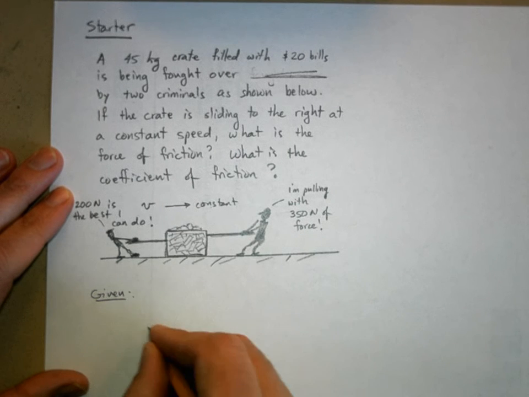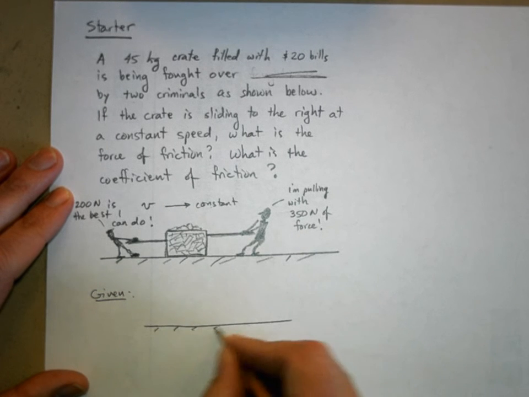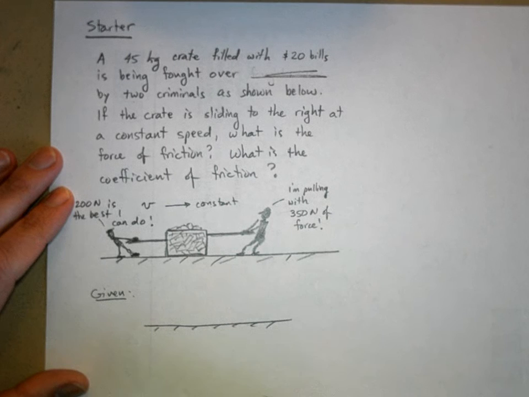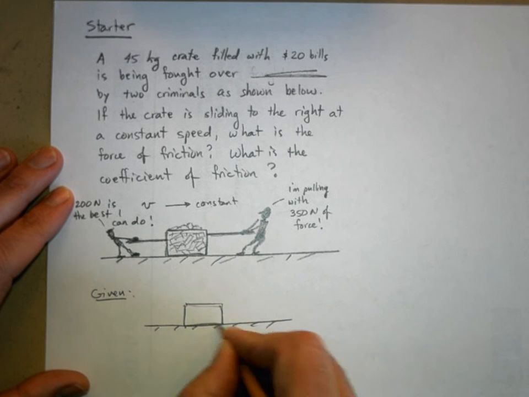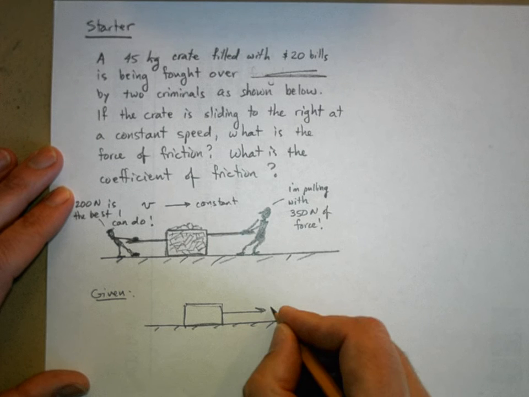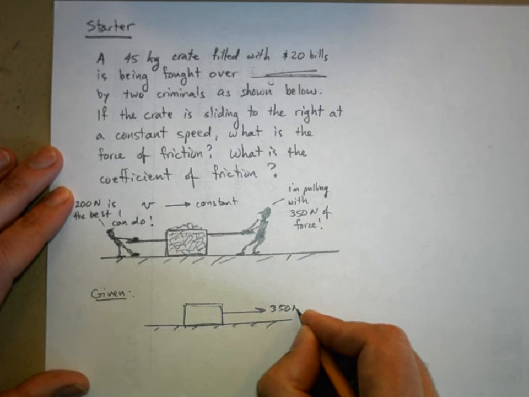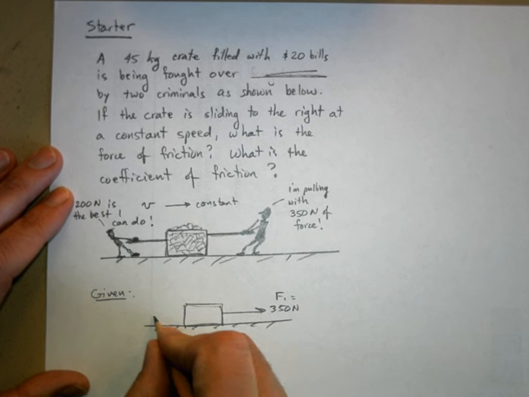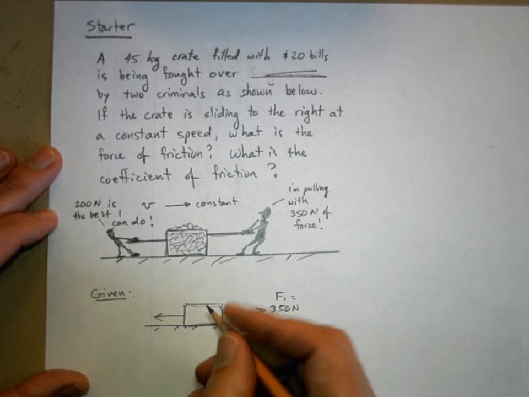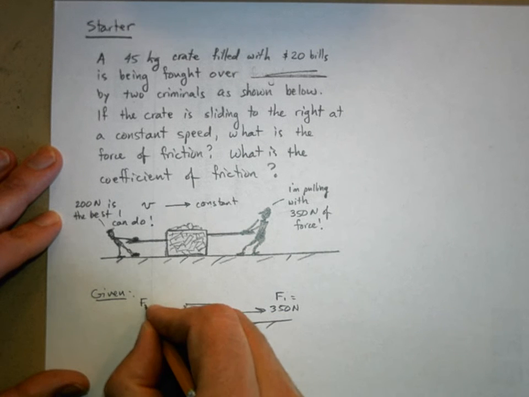So draw a little sketch of the problem. And again, you don't want to take too much time with this, so you can just kind of simplify it. Say this guy's pulling with 350 newtons. You can call this F1 if you want. And then this is pulling with 200 newtons of force, that's F2.